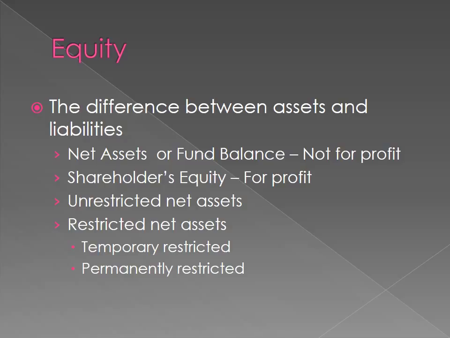Some of those net assets can be unrestricted. The owner or operator can use them for whatever they need to be used for. Restricted net assets are things like maybe a donation that's donated for a particular period of time or particular project.